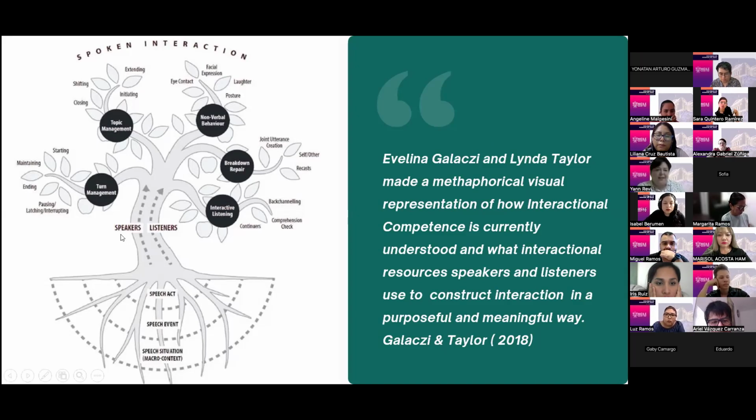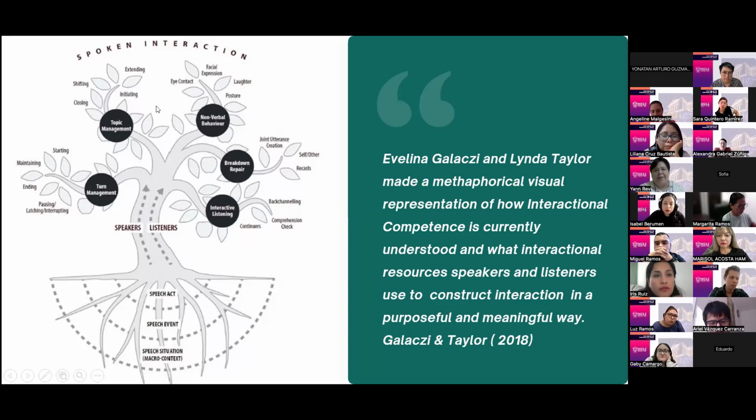As we can see here, the speakers as well as listeners become proactive, right? And in that proactivity, they make use of those interactional resources. What are those resources? We have turn management, topic management, nonverbal behavior, breakdown repair, and interactive listening.